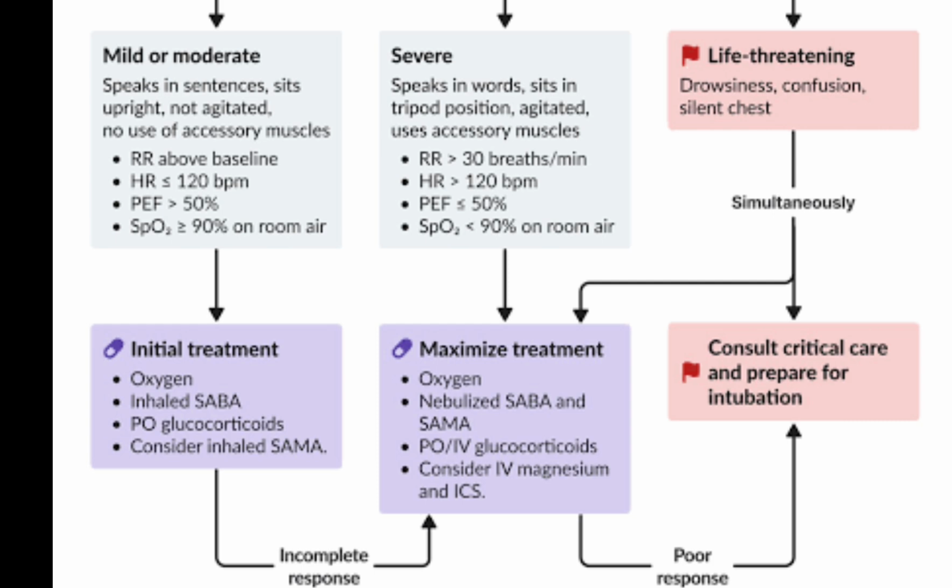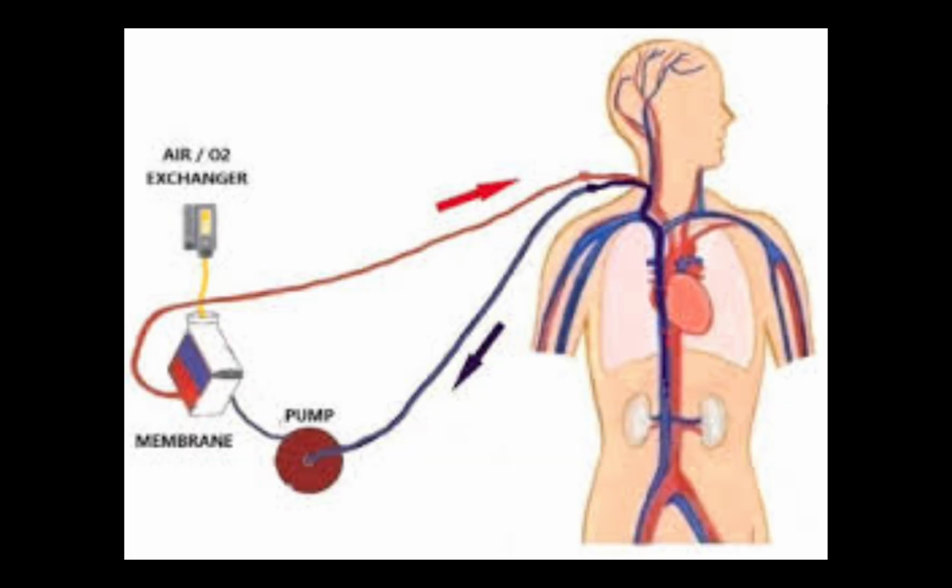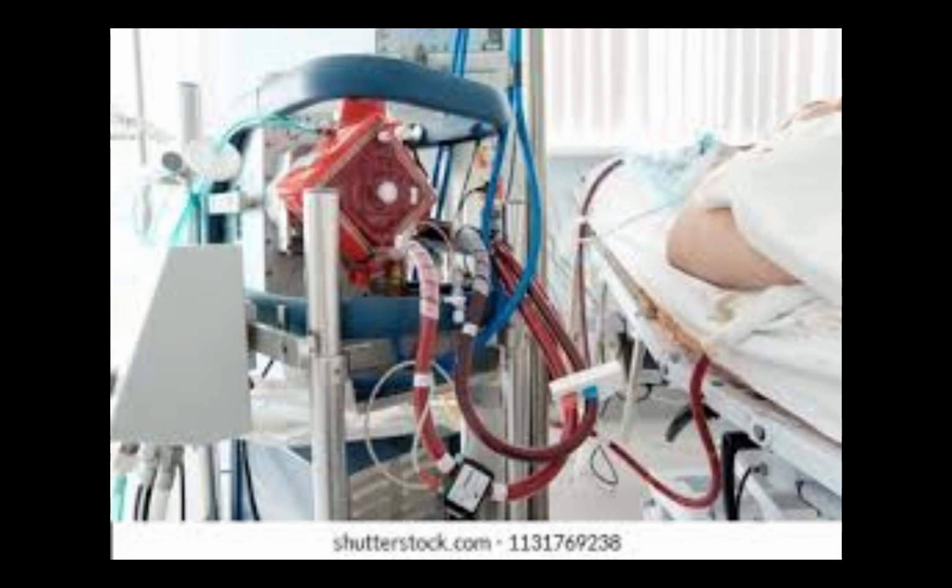Suppose the patient does not improve after this management of 1 to 1.5 hours, or he develops life-threatening characteristics like confusion, drowsiness, or normal or increased pressure of carbon dioxide, we think about ECMO, which is extracorporeal membrane oxygenation or artificial lung.